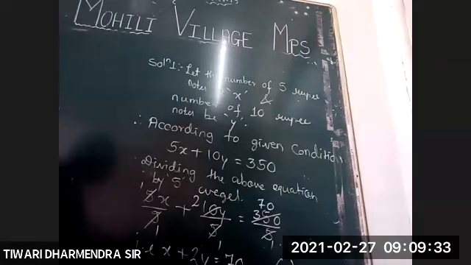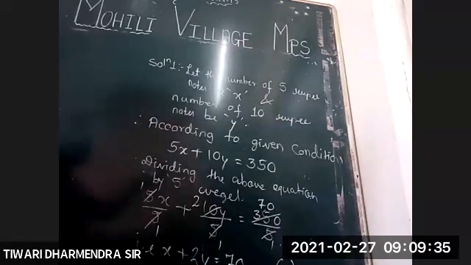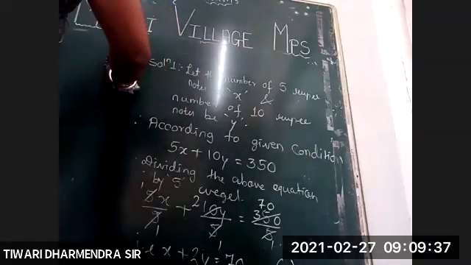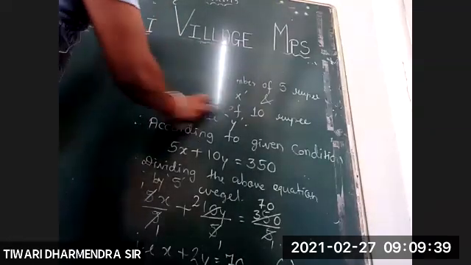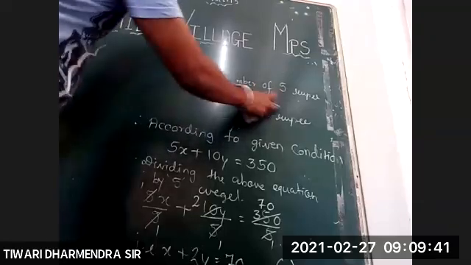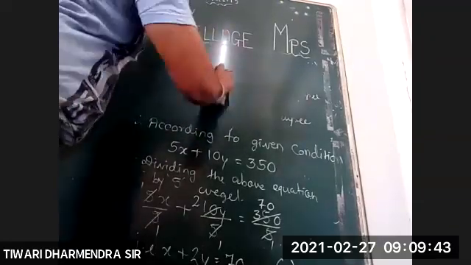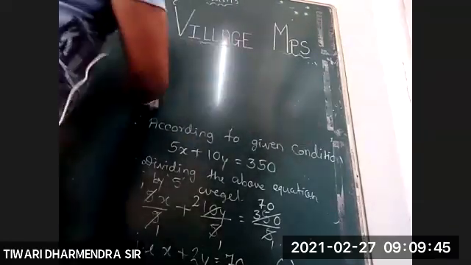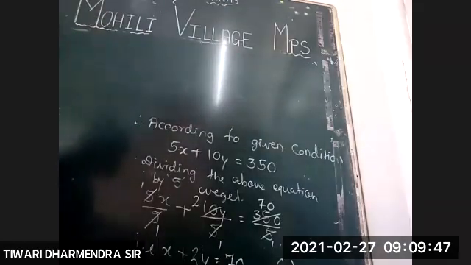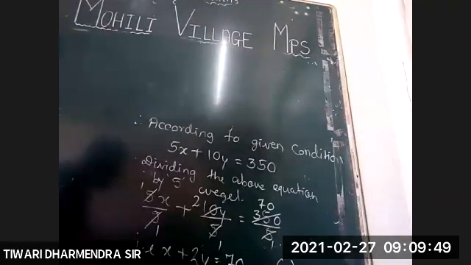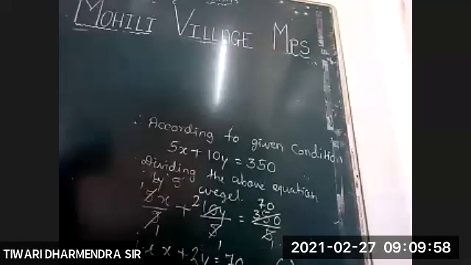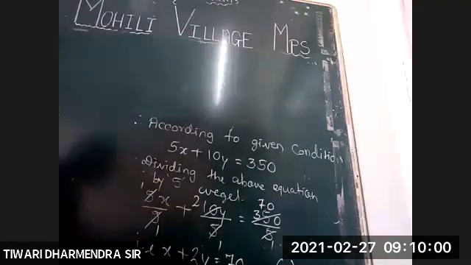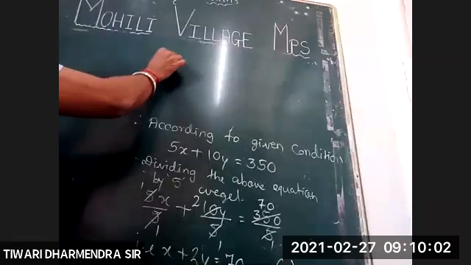Now we'll move to second condition. Number of 5 rupee notes, as we know, is x. We have assumed number of 5 rupee notes to be x.